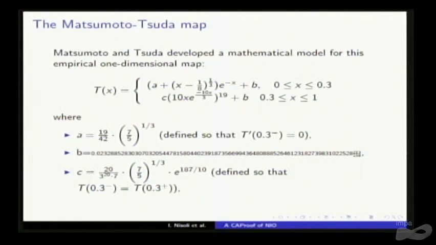This parameter C is such that the 2 branches of the map glue together well. And this parameter B, I will give an explanation now. I will need to show that on the blackboard because it has a connection with the Misiurewicz parameters.